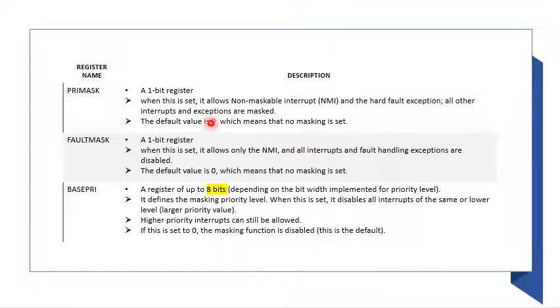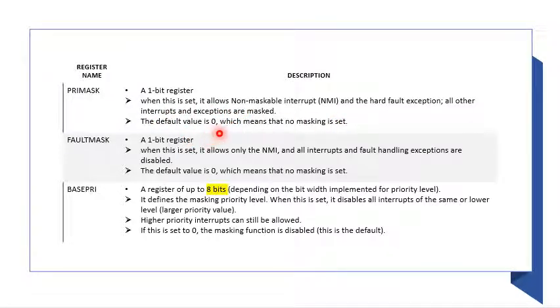Next, consider the description of each: PRIMASK, FAULTMASK, and BASEPRI. PRIMASK and FAULTMASK are 1-bit registers. Whenever PRIMASK is 1, it allows only non-maskable interrupts and the hard fault exceptions. These two are allowed, but all other interrupts and exceptions are masked.